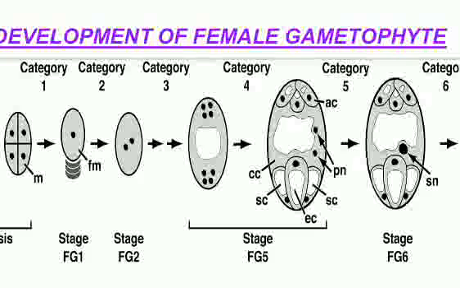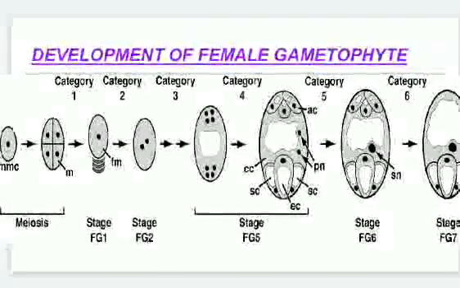The megaspore mother cell undergoes meiosis to form the megaspore. As you can see in the figure, from one cell the meiosis occurs and 4 cells are formed. The megaspore mother cell undergoes meiosis to form the 4 haploid megaspores. This step is called megasporogenesis.